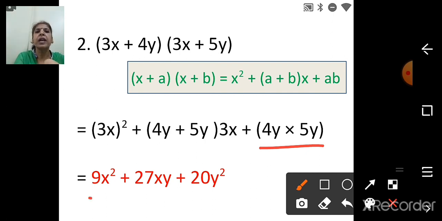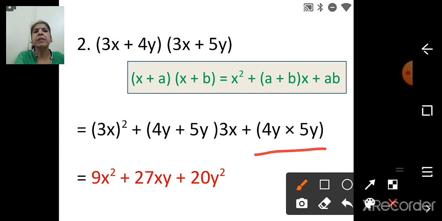(3x)², so the square of 3 is 9x². Now here there is a bracket, so solve the bracket part: 4y + 5y. They are like terms, their coefficient is y. So 4y + 5y is 9y. 9y you have to multiply with 3x. 9 threes are 27, so it is 27xy.